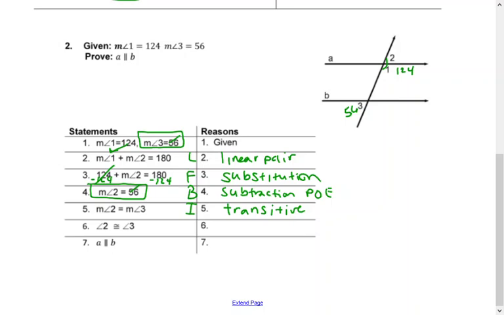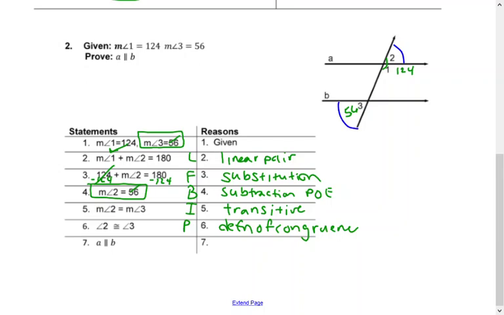Okay. If we go from the measure of the angles being the same to the angles being congruent, we're using the definition of congruence, which is P. And lastly, we are now able to say that line A is parallel to line B because we know that angle 2 is now equivalent to angle 3.